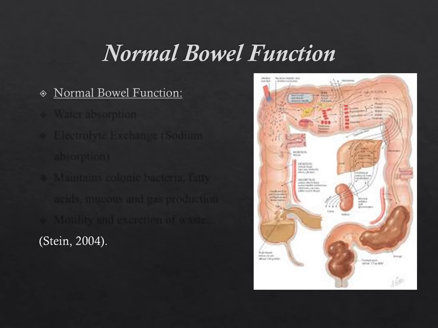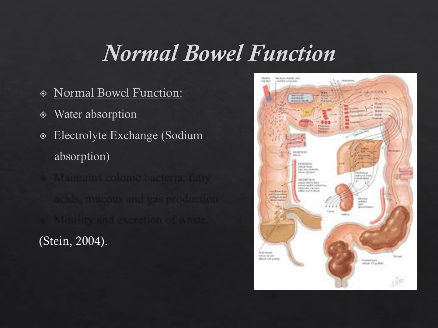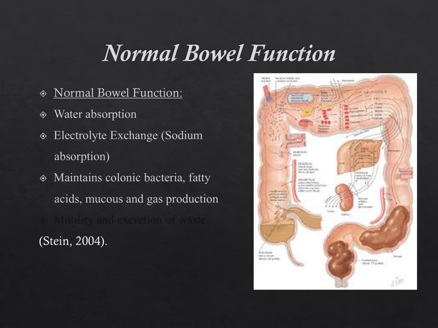So let's take a moment to talk about normal bowel function. The colon is a major site of water absorption and electrolyte exchange in the body. Approximately 90% of the fluid contained in the ileum is absorbed in the colon, and that can be as much as 5,000 milliliters of fluid per day. The production of short-chain fatty acids provides an important source of energy for such processes as active sodium transport.